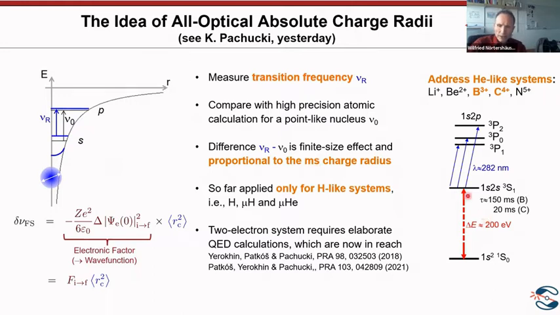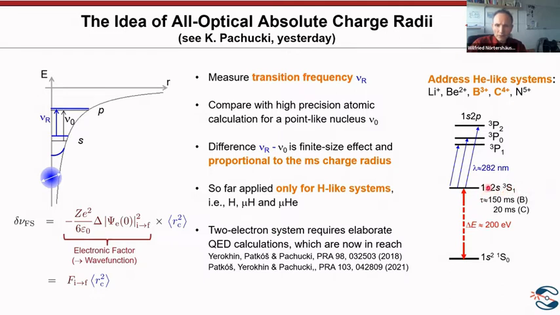And so the idea here, as Christoph presented yesterday, is to measure transitions from the triplet S1 state in helium-like systems up to the triplet P state. Now, of course, in helium, you have a very long lifetime of the triplet S1 state. In lithium, this was presented yesterday, also in the talk by Son.